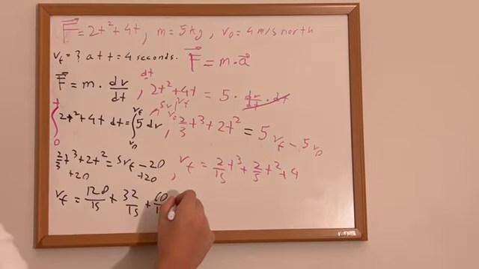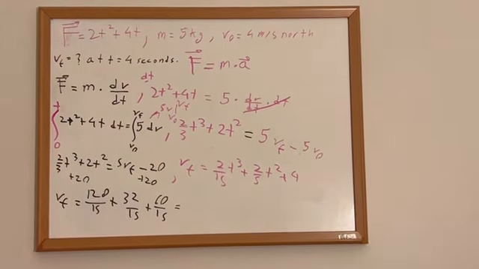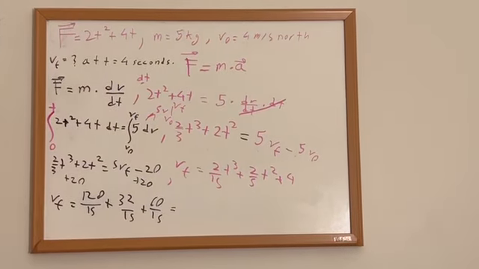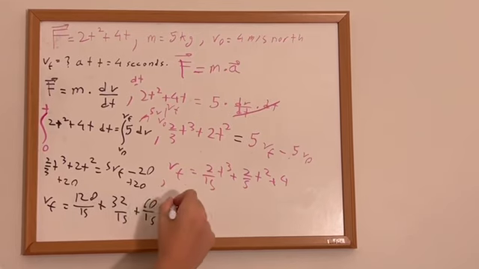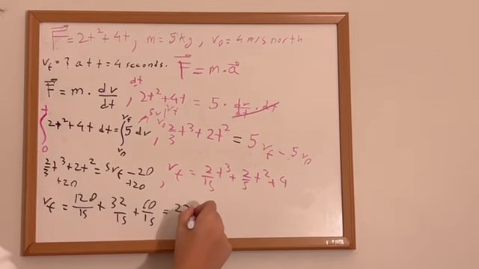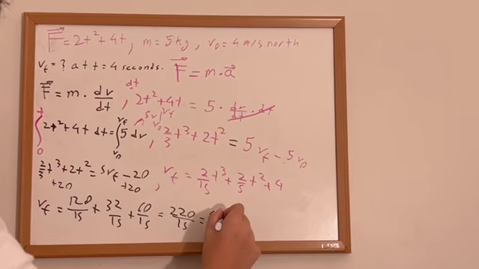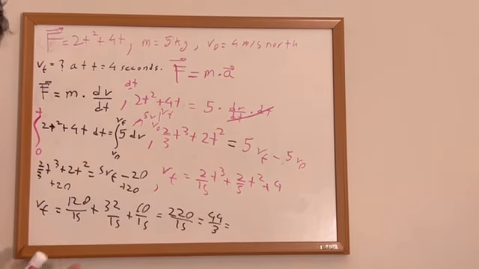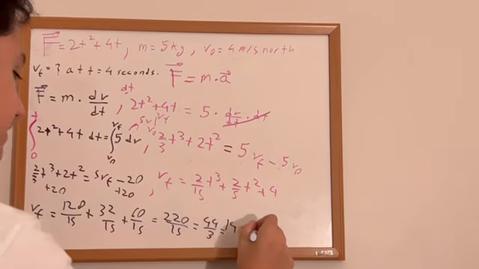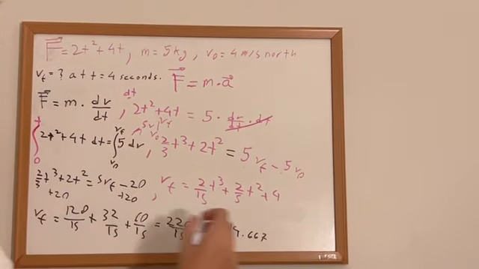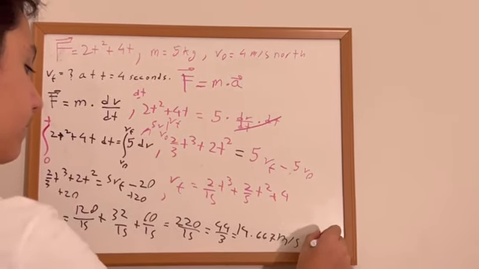Combining all the like terms, 128 plus 32 is 160, and plus 60 we get 220/15, which simplifies to 44/3, approximately 40.667. So this is the final velocity in meters per second, north.